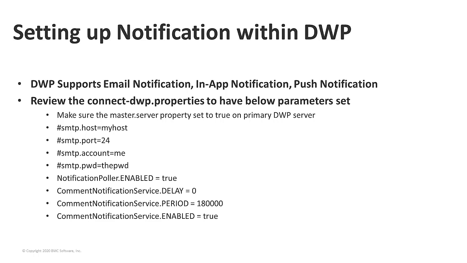In case of fresh install, it will be under /opt/bmc/dwp/logs. These are for Linux. In case of Windows, it's the same, like Program Files, BMC Software, SmartIT, MyIT/dwp/log. Or for a fresh install, it will be under Program Files, BMC Software, dwp/dwp/logs. So in the event you're not able to self-solve these problems, you can always send this connect-dwp.properties along with debug dwp logs when you open a support case with BMC Support.